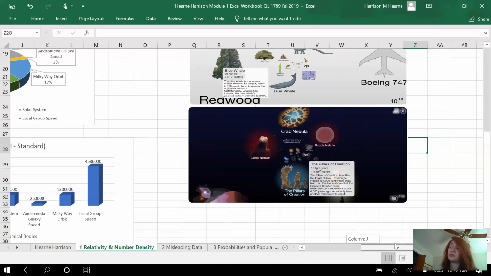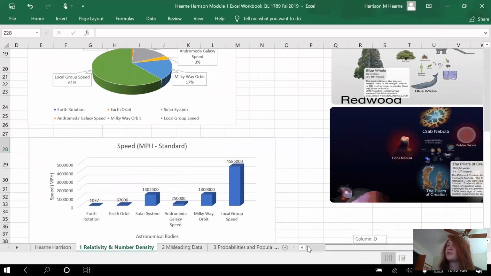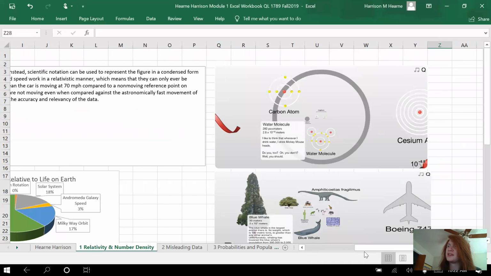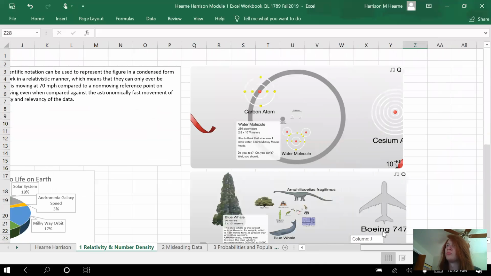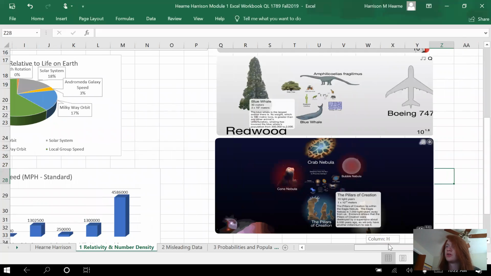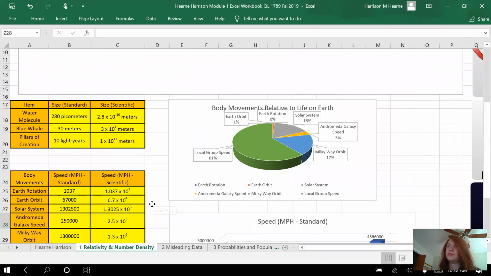And eventually, if that theory is true, we will no longer be able to see the Pillars of Creation, which I thought was very fitting and quite interesting. So those are just examples of how relatively different sizes are of various things in the universe.